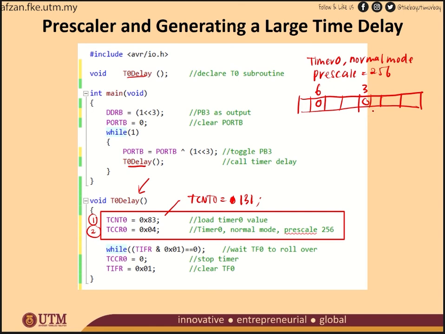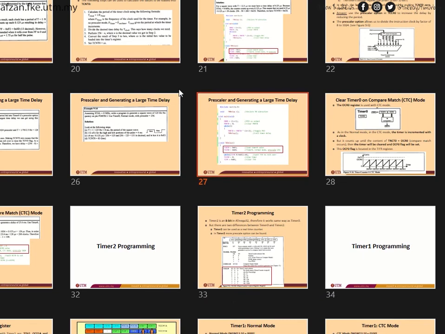What about this prescale here? You need to make sure the prescale is correct. For 256 prescale, you need to put 0 1. Is it 0 1? No, 1 0 0. You can always refer to this table here for the prescale option.